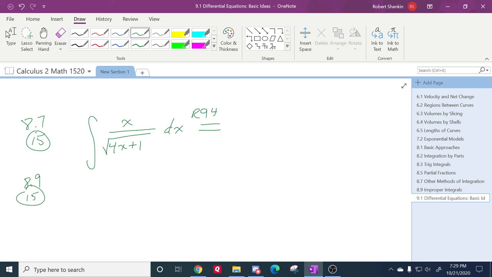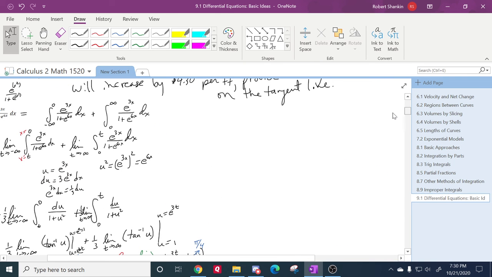Okay. This is very much like our practice quiz problem. The integral from negative infinity to infinity of dx over x squared plus 100. And let's go look at the practice quiz problem.